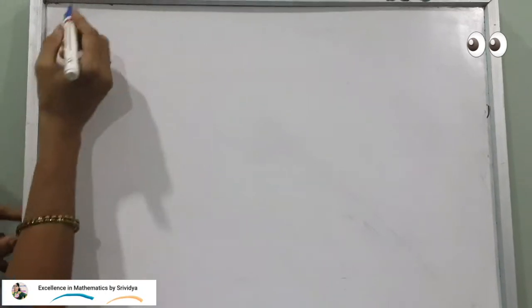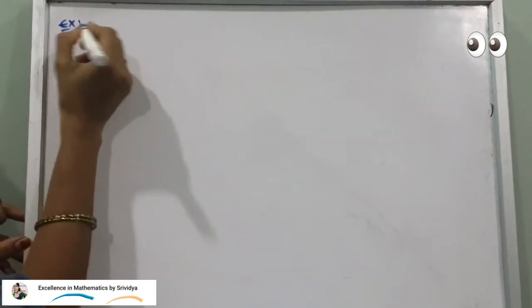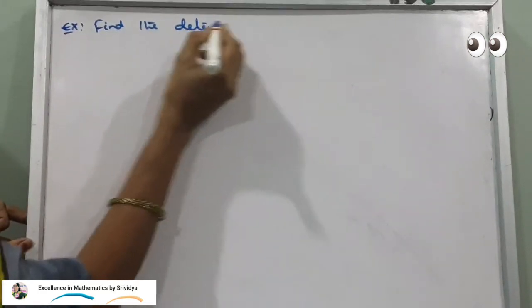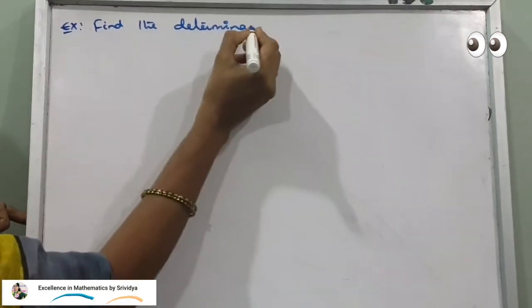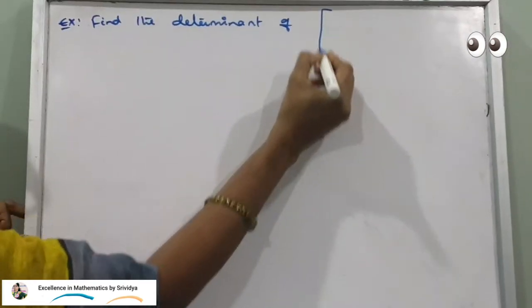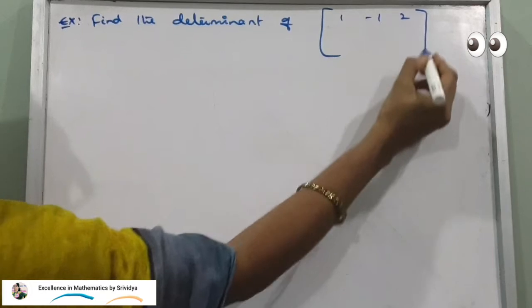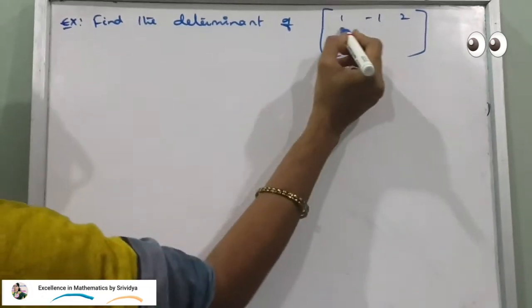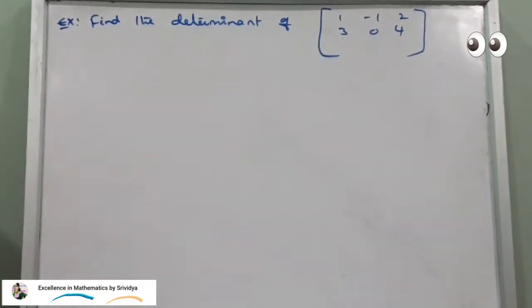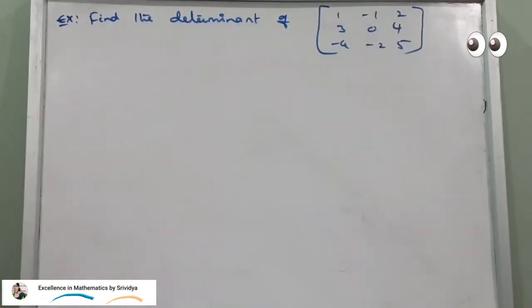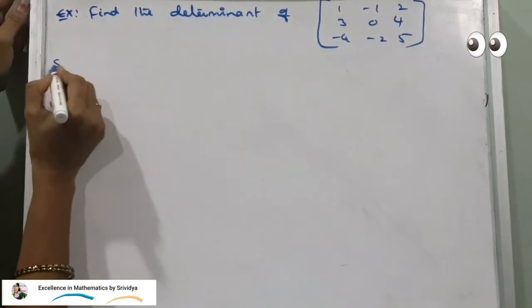We will discuss another way of doing determinants. For example, find the determinant of the matrix with rows 1 minus 1 2, 3 0 4, minus 4 minus 2 5.